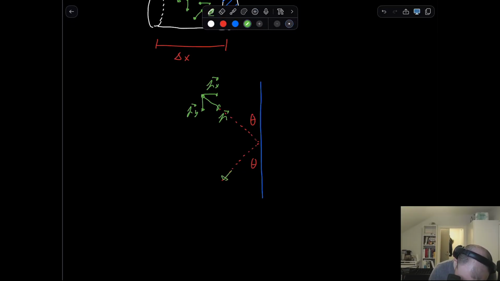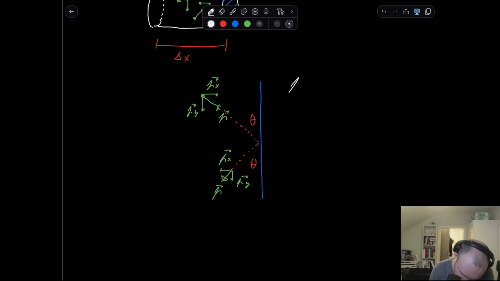The only thing that's changed is the direction. So let me write this again. The size here is pretty stupid, but who cares? p of x and p of y. The only thing that actually changed was the direction, and that's just in the x direction.